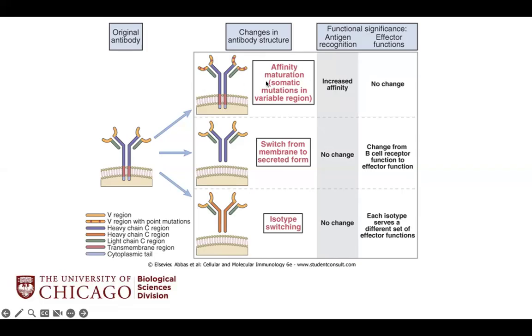The ones that have decreased affinity because of these mutations will then be selected out, so they will be killed off. Once you have undergone this affinity maturation, it will switch from membrane to a secreted form, where it does not change anymore. And then finally, it can undergo isotype switching, so it can actually change the function of the antibody.